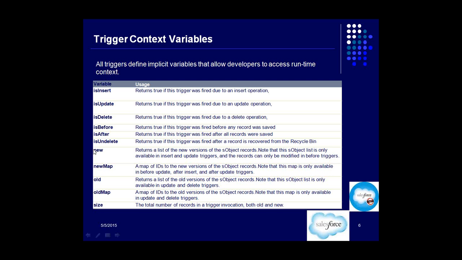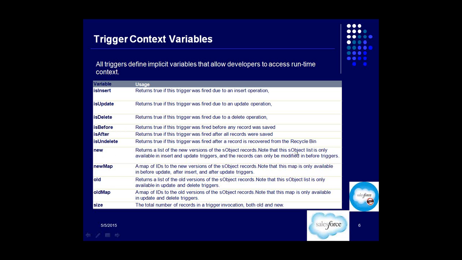Correct? So Trigger.new and all these variables are called with a prefix of Trigger dot. So it should be Trigger.isInsert, Trigger.isUpdate, Trigger.isDelete, Trigger.isBefore, that way. Trigger.new will return a list of new versions of the SObject records.